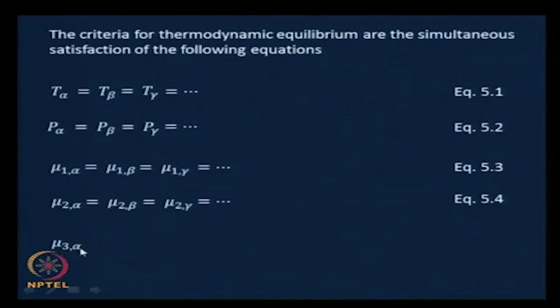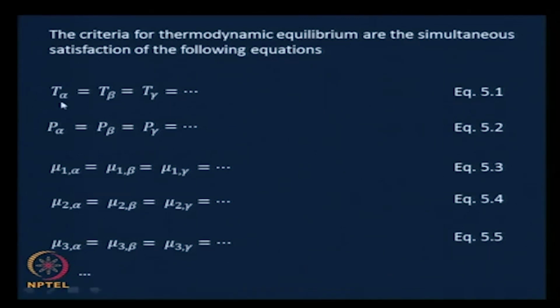Mu 3 in the alpha phase must equal mu 3 in the beta phase, must equal mu 3 in the gamma phase, and must be equal to mu 3 in each of the other phases. We will call this equation 5.5 and so on. We will have the number of these equations being equal to the number of components that are present in the system which consists of phases in equilibrium.